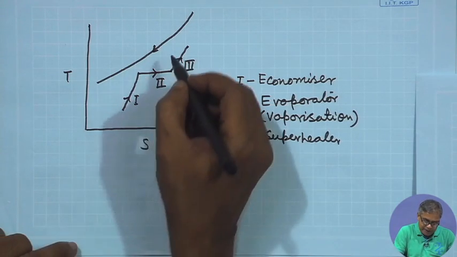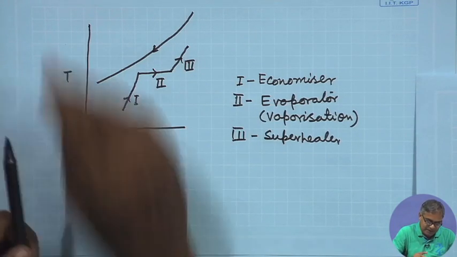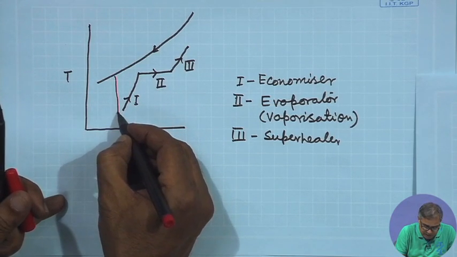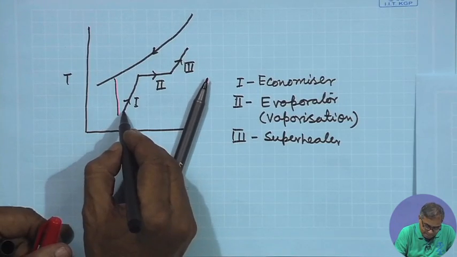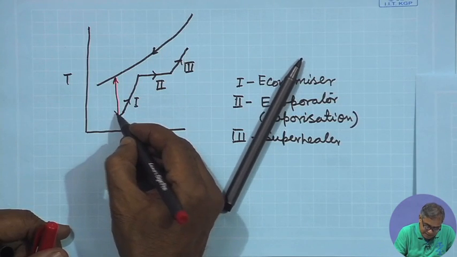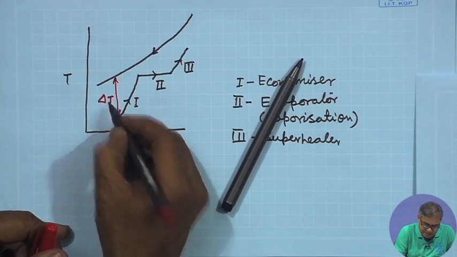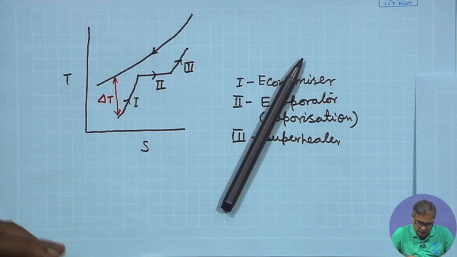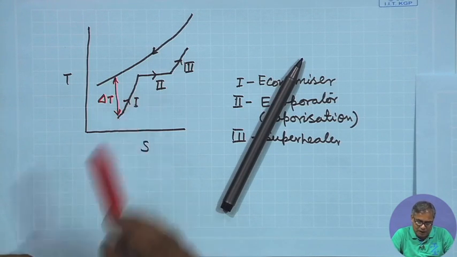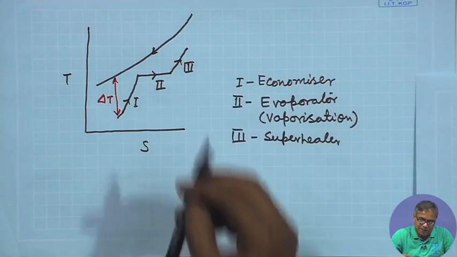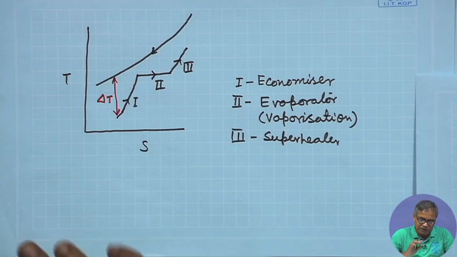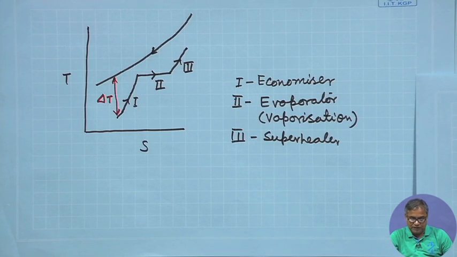So, you see the temperature difference, if we look, then you will find that at this point the temperature difference is very large. If this is our delta T, so this delta T is very large to start with, because one stream is liquid water at the outlet of the pump after condensation. So, the temperature is very low, but the corresponding temperature of the flue gas, the product of combustion, is not that low.